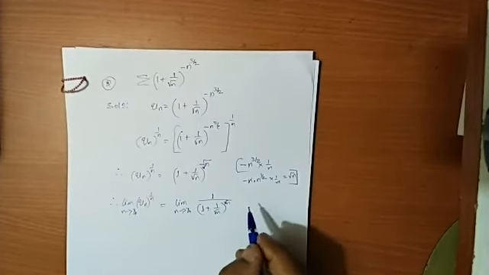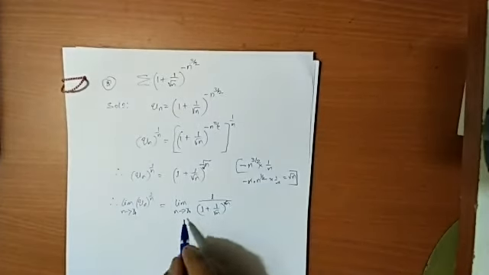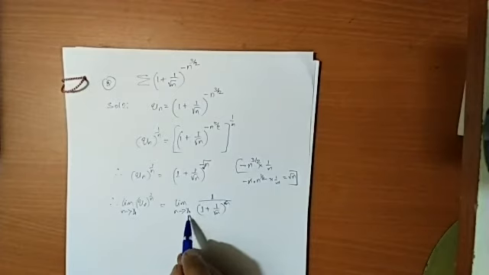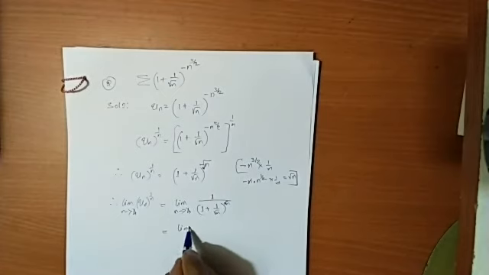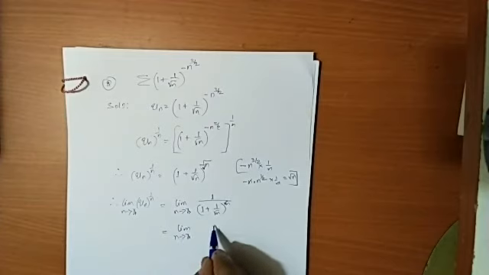Minus n means it will be like this. See, if n tends to infinity, root n also tends to infinity. So I can write this as limit as n tending to infinity.